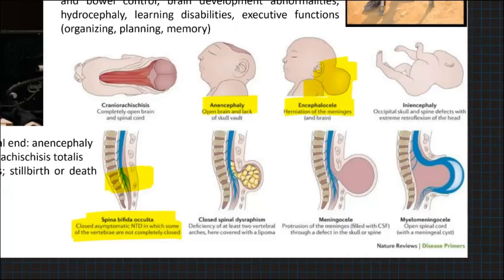Okay? So then, meningocele. As we mentioned, cele is a protrusion. So meningocele is the protrusion of meninges, very similar to encephalocele. The difference is where it is. Encephalocele is the meningeal protrusion around the brain.